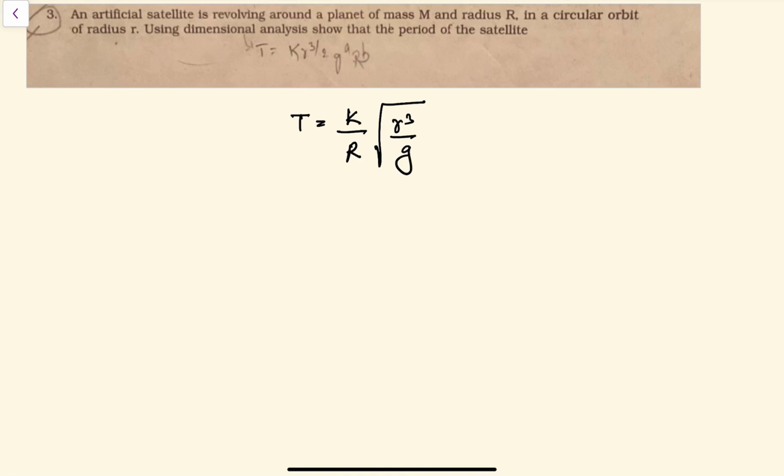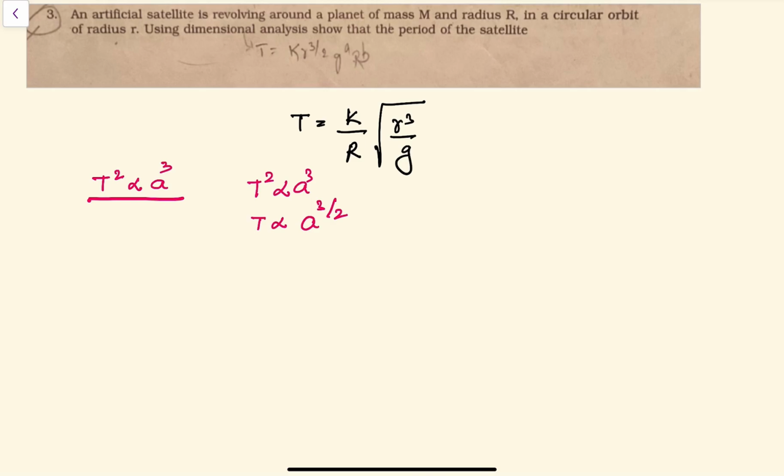According to Kepler's third law, T square is proportional to the cube of the length of the semi-major axis. So T is proportional to A power 3 by 2. What is A here actually?